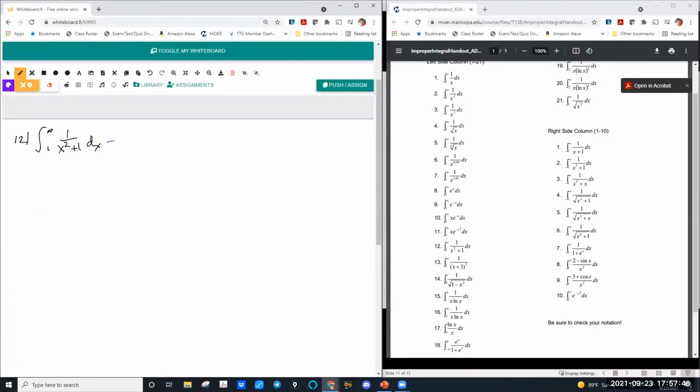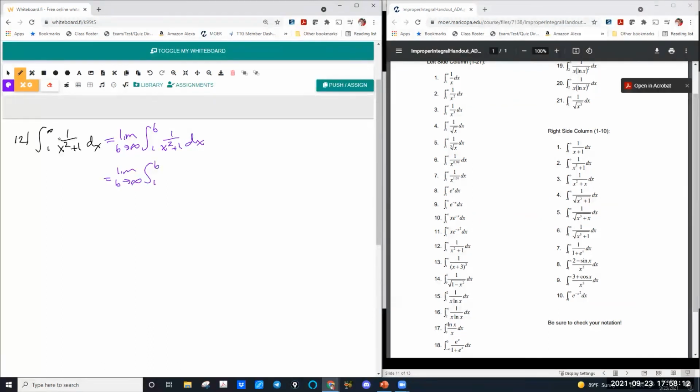All right. So first thing we do, limit as b goes to infinity of the integral from 1 to b of 1 over x squared plus 1 dx. We're going to do the antiderivative there. This is arctan. This is why I'm choosing this one.